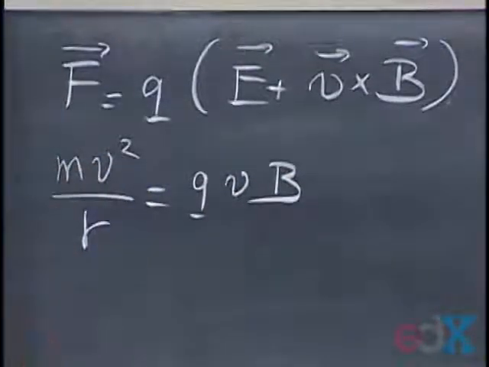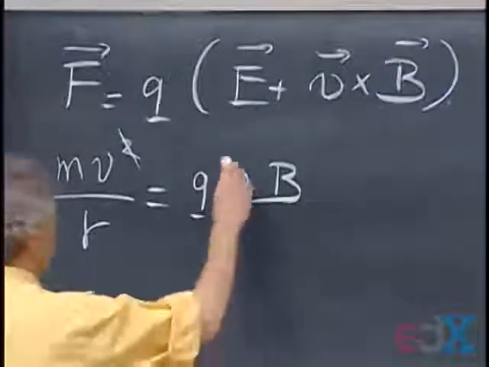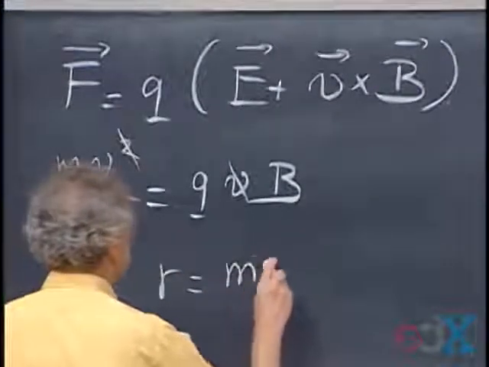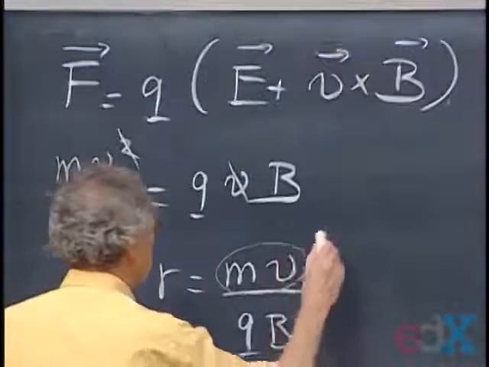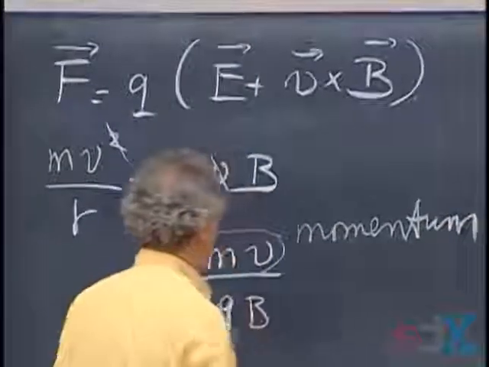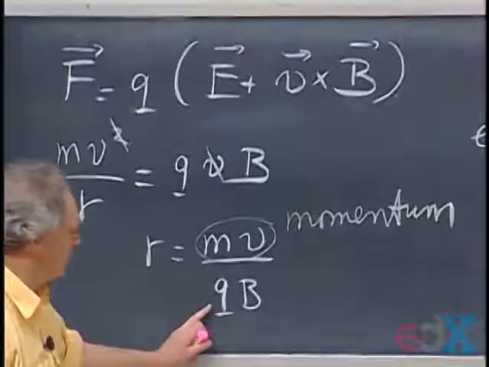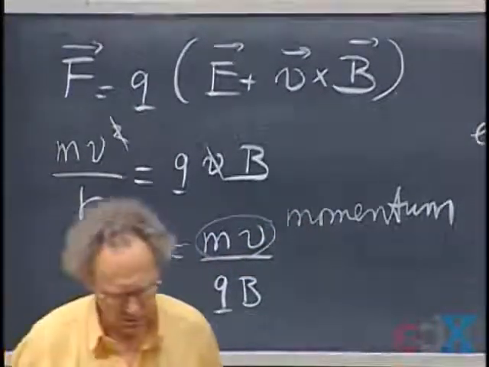This is the magnitude of the force, we already know the direction. And so one v goes, and I get that the radius of that circle is mv divided by qB, this being the momentum of the electron. So v is the speed of the electron, q is the charge, B is the magnetic field, m is the mass of the electron.